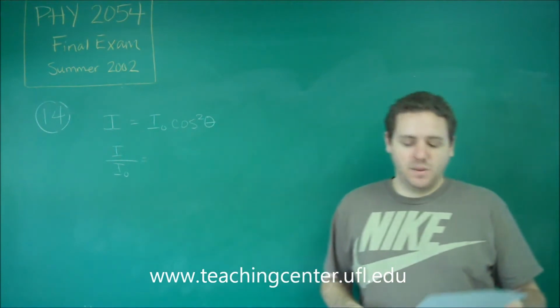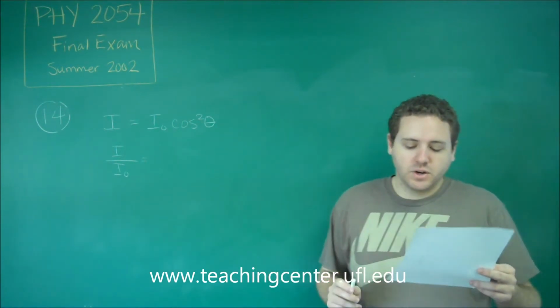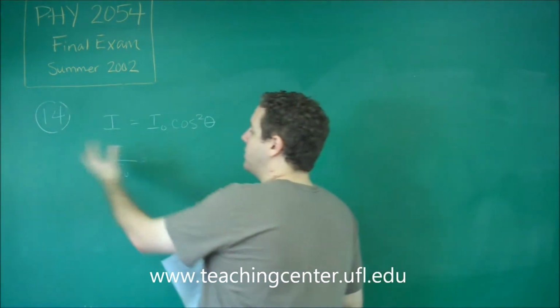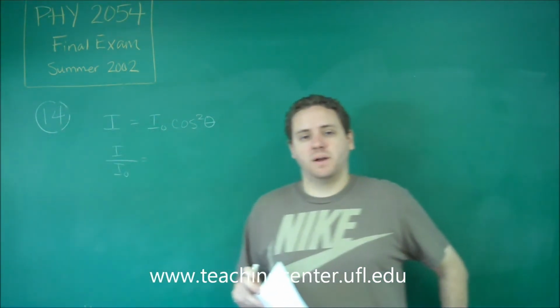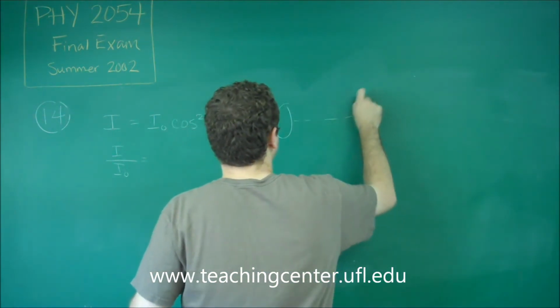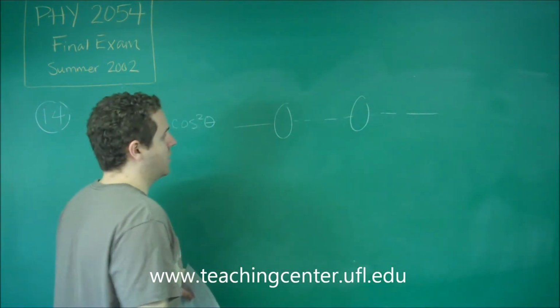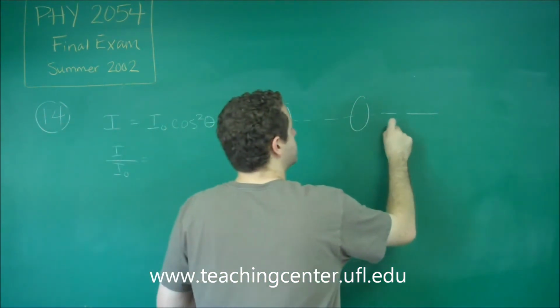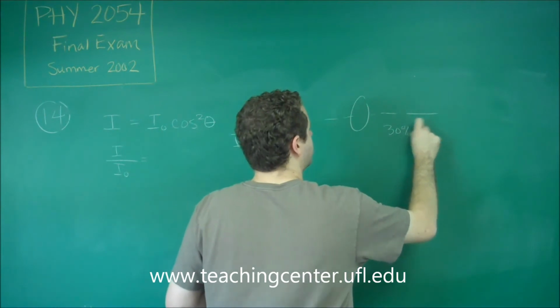So here's the part you need to keep in mind. The emerging light has 30% of its original intensity, but think about the amount of light that hit that second polarizer. In the stack, you had one polarizer and then another. Here's I1. Out here is 30% of I1.